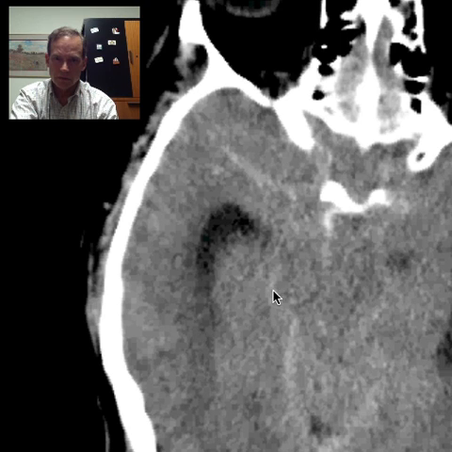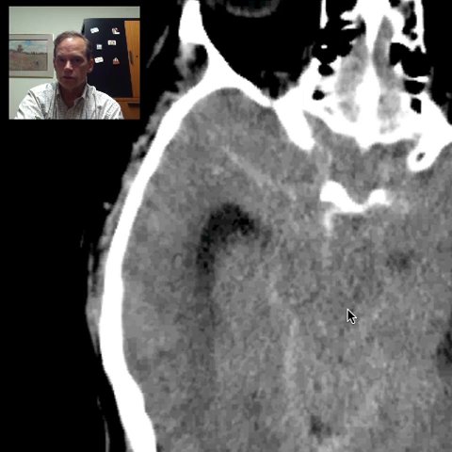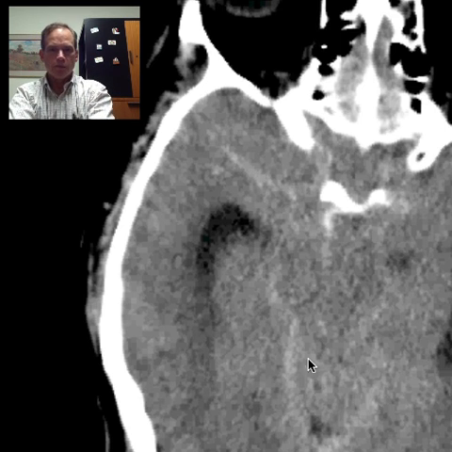Here's the posterior and anterior part of one. Here's the posterior part and anterior part of the other one. And this is the intrapeduncular cistern. That makes these the cerebral peduncles, and that means this little dot is probably just a tiny bit of blood that is in the cerebral aqueduct.